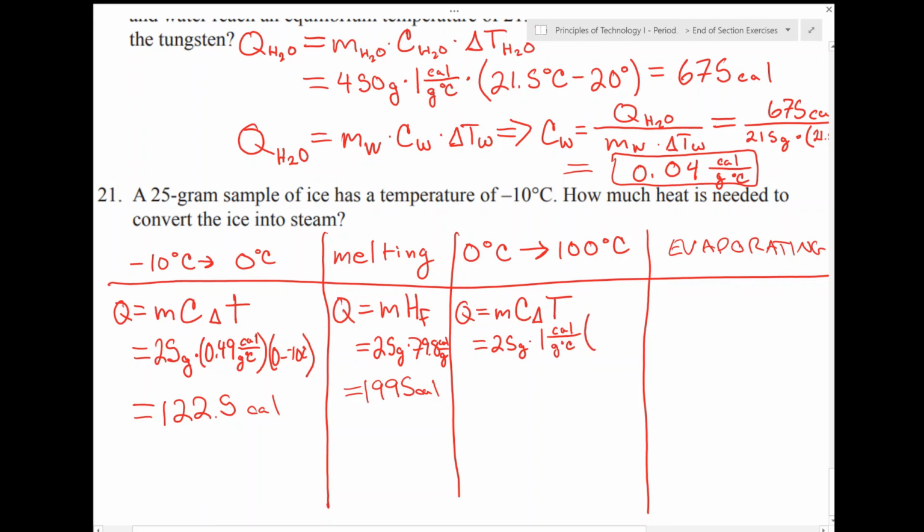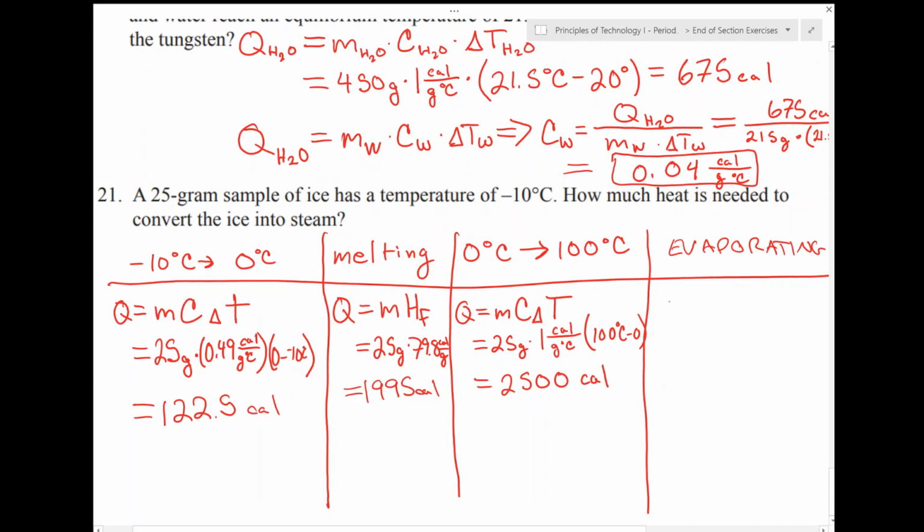And we are changing from 0 to 100 degrees Celsius. So that is going to be 100 degrees Celsius minus 0, which is just 100 degrees Celsius. Multiplying these together, you get 2,500 calories of heat to change it to 100 degrees Celsius.